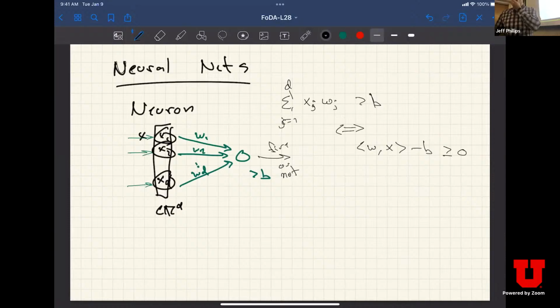So what does this look like? x is the input, and there are some w's and a threshold we have to set, which are the parameters. So the neuron is just g of w,b of x.